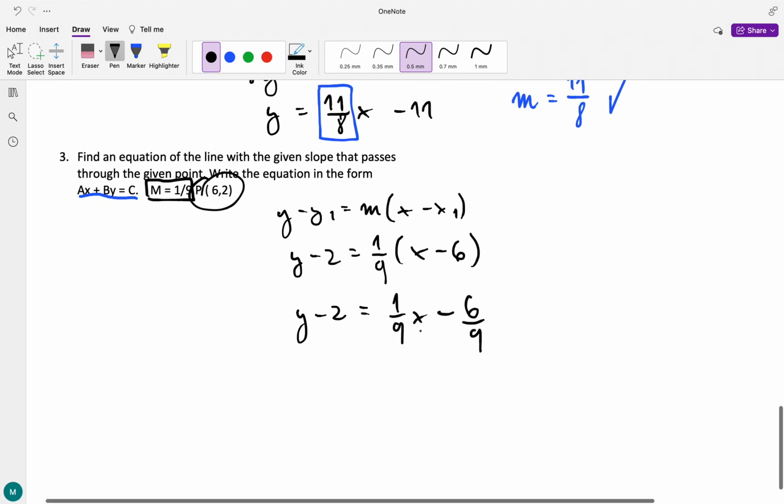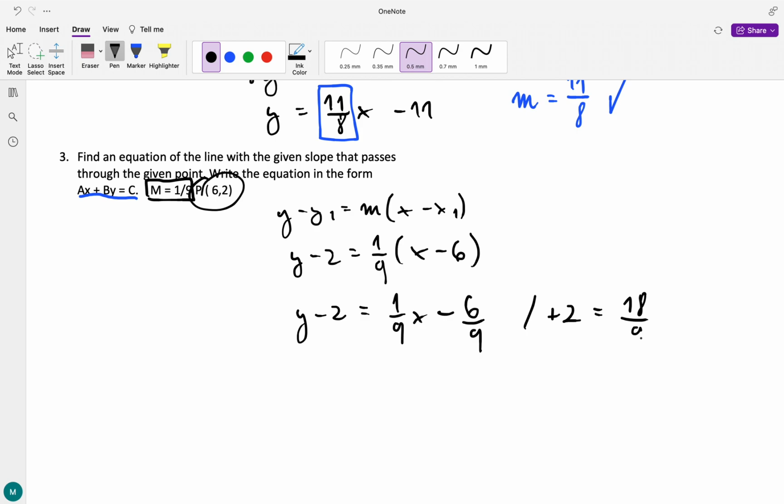But I'm going to keep everything in terms of 9 in the denominator, at least for now. Okay, so let's add 2 to both sides. And keep in mind that 2 can be written as a fraction. We are working with 9s here. So 2 is 18 over 9.